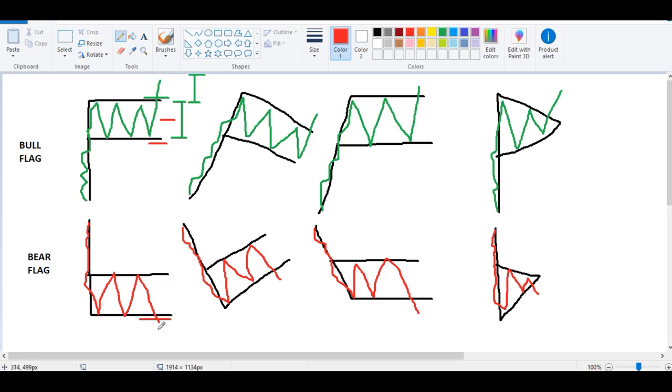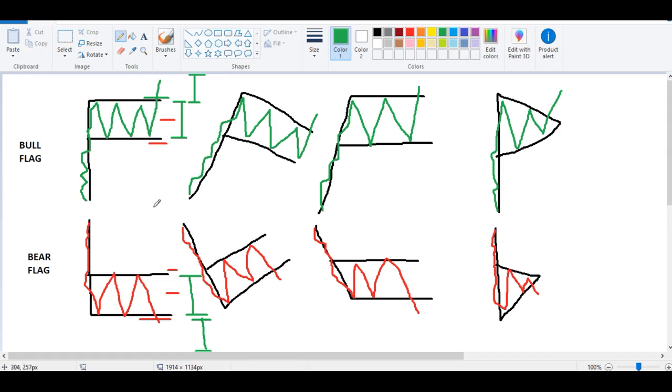When price starts to move out of the consolidation area is when we enter. Very similarly, we keep our stop loss either at the midpoint or the opposite end. And my target is simply the distance of the flag, like this.